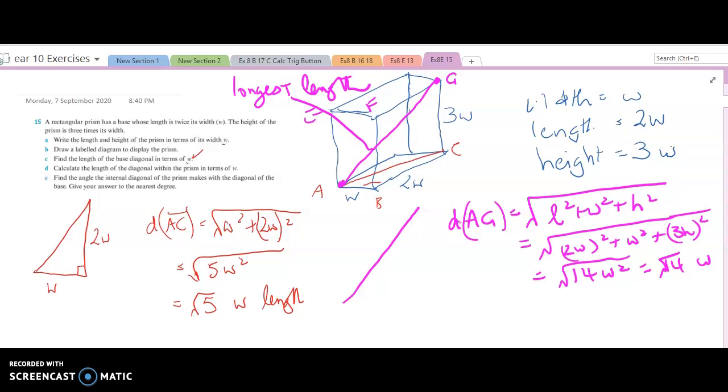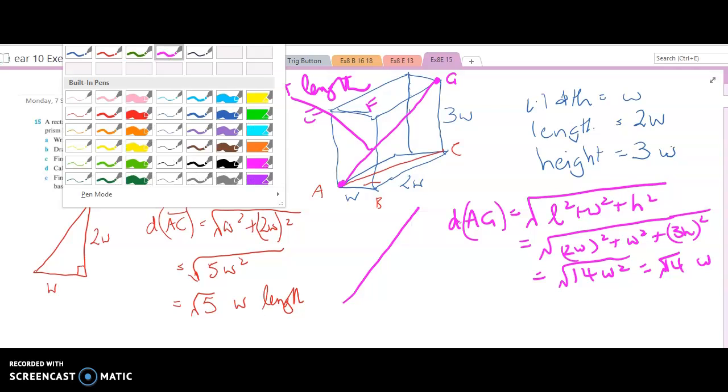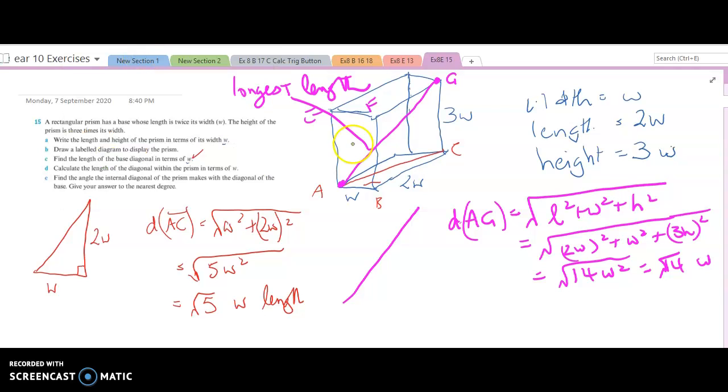Now let's use the triangle. I'll just draw it in so that you can see, if I use this triangle here, I'm using that length there plus the height. So I'll do it using that green triangle, which means this length here is in actual fact root 5 W. This is 3W.